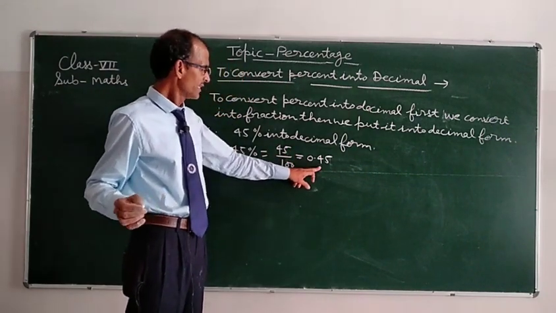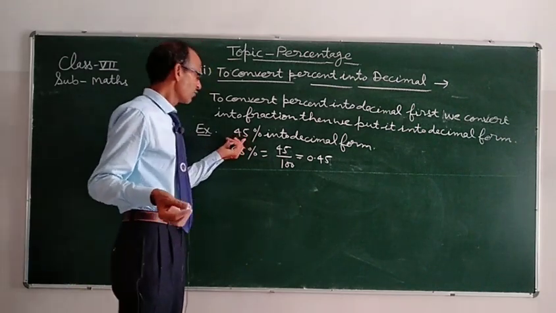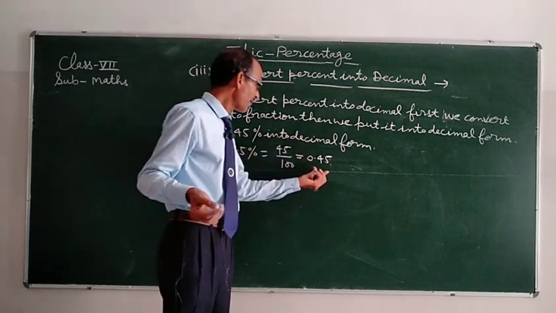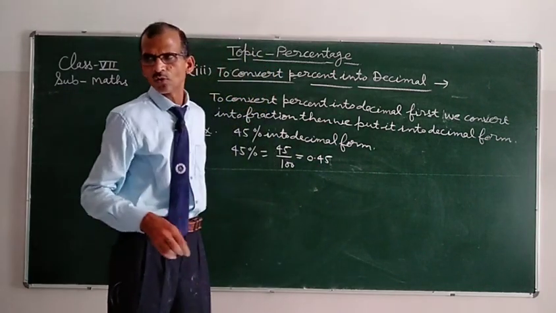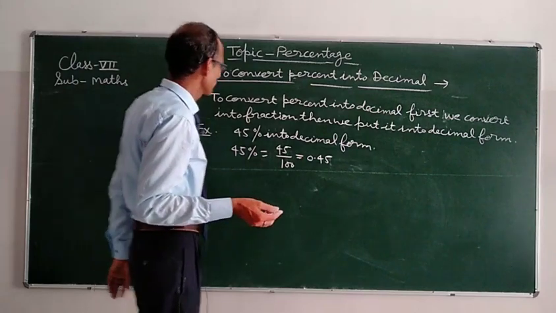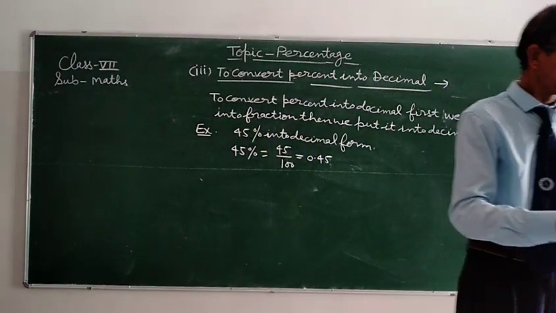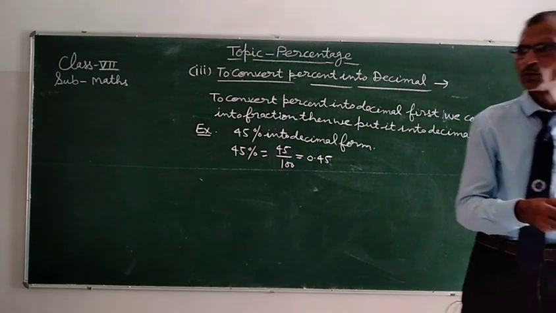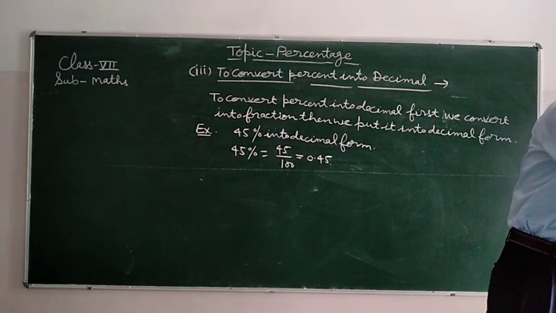Okay, this is equal to 0.45. 45% when converted into decimal form we get 0.45. Okay, these are the things which we have to do in the given exercise.